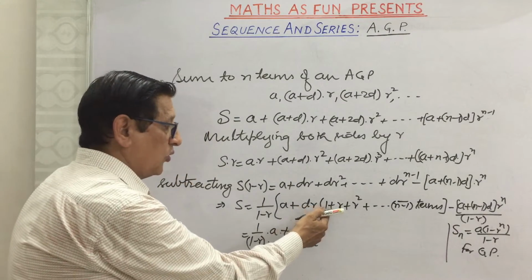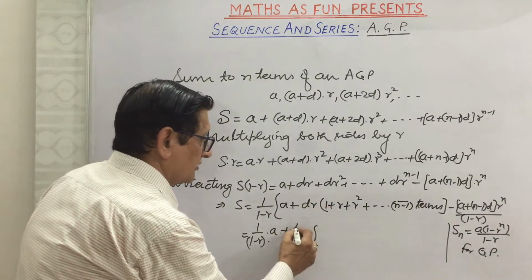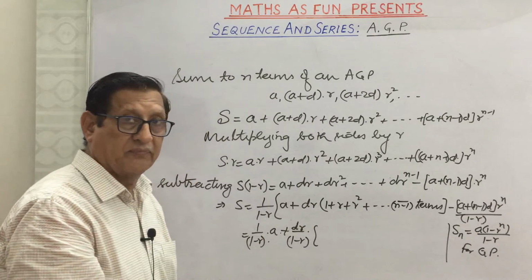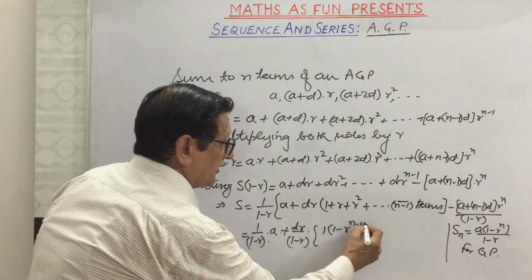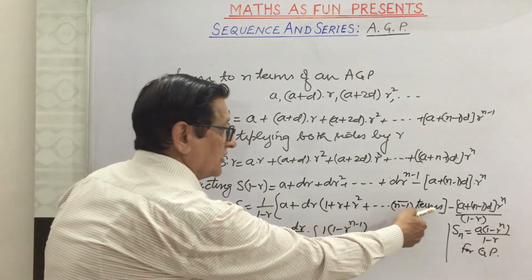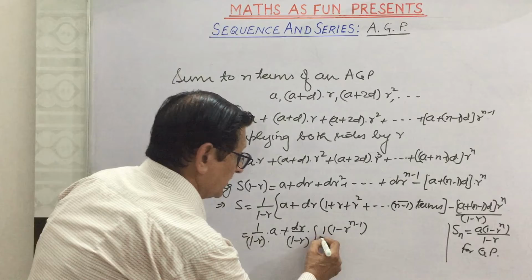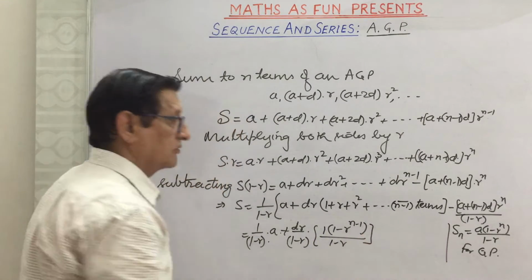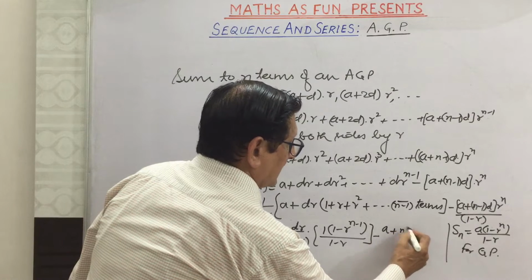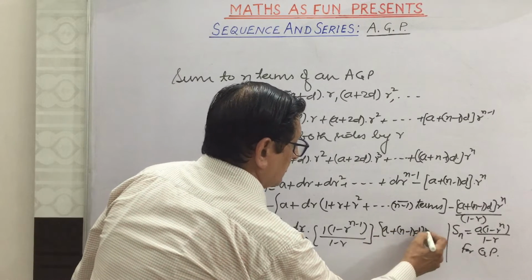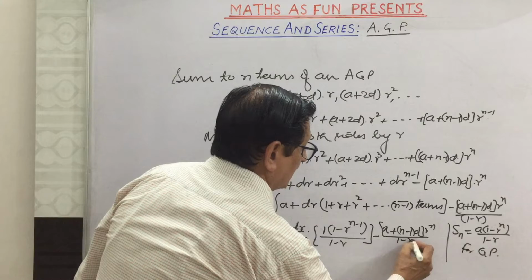The first term is 1, that is dr, we can write dr here, into 1 minus r^(n-1) because there are n minus 1 terms, upon 1 minus r, minus a plus (n minus 1) into d into r^n upon 1 minus r.